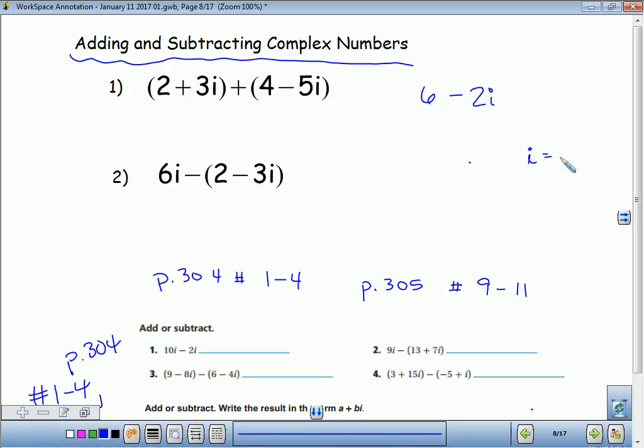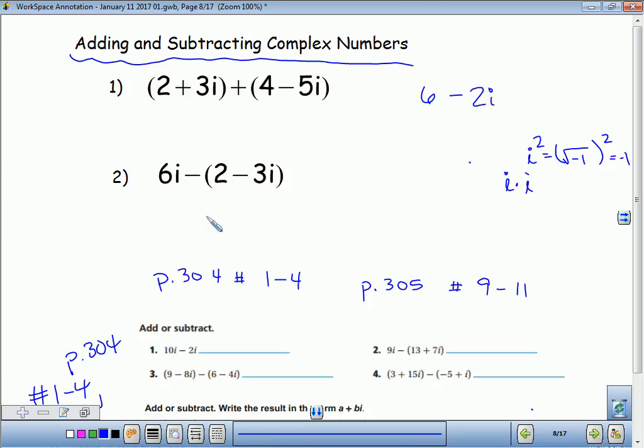If i represents the square root of -1, and you do i times i, isn't that i squared? We're going to negative 1. And that's just a little preview of the fun things yet to come.